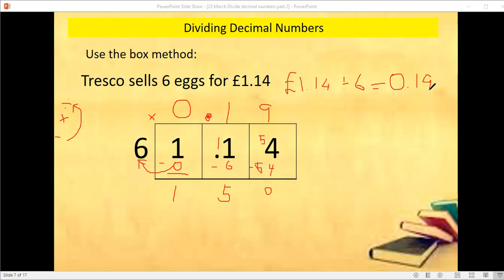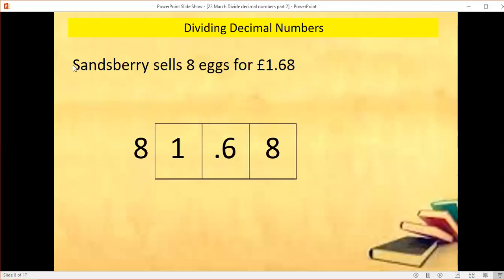Okay, so this is the answer. Let's move to the next. Now you know that Tesco sells 1 egg for 19 pence. Now let's check Sainsbury's.